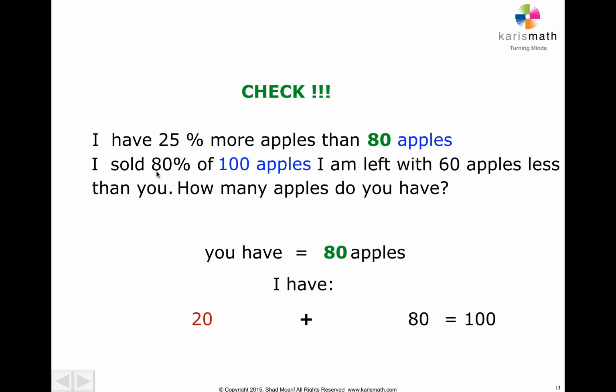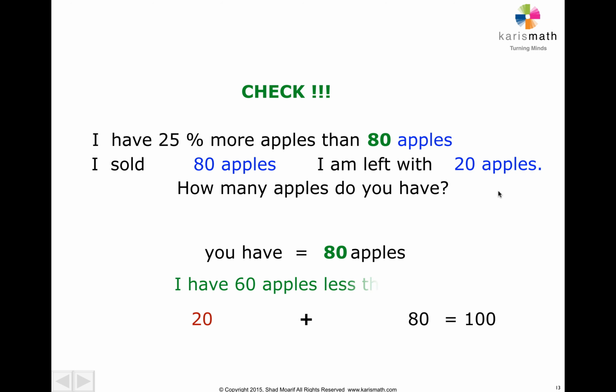So I sold 80% of my 100 apples, which means I sold 80 apples. If I sold 80 apples, I'm left with 20 apples. That is correct. So I do have 60 apples less than you have. There, we proved that by simple logical thinking.